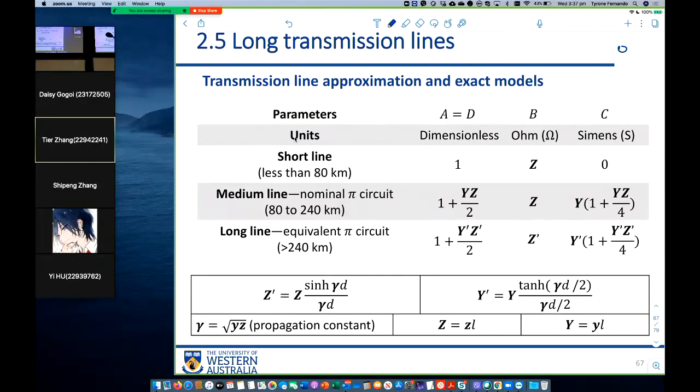And uppercase Z is the lowercase z times the distance L. The D's here should be L's. It's the same thing, the length of the transmission line. Y again takes the admittance per meter value multiplied by the length of the transmission line. So that's just a summary of the model for short, medium, and long transmission lines.